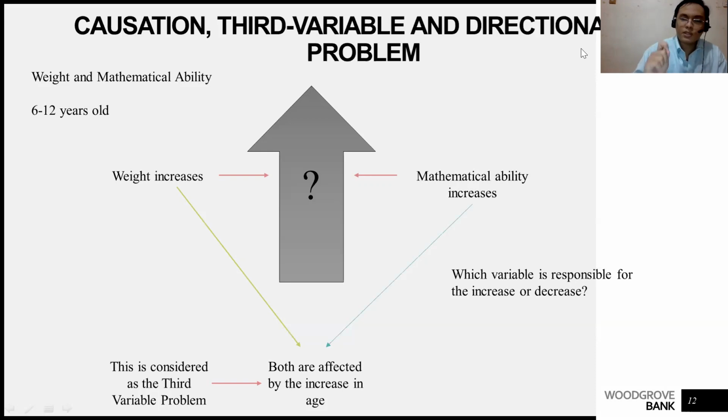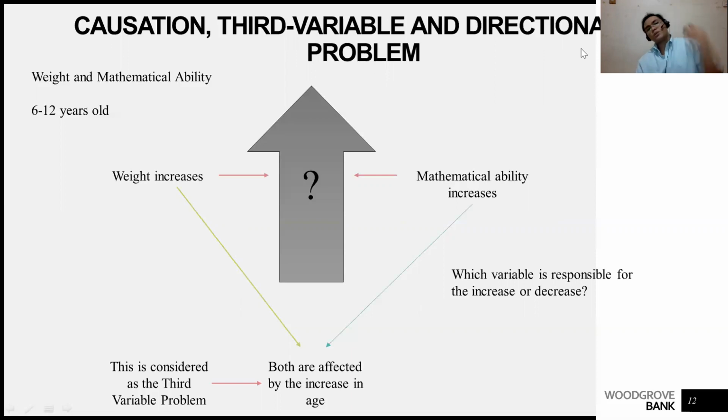The problem is, what if we dig deeper into the relationship of weight and mathematical ability? This is when the third variable problem comes in. So how can we say so? Weight increases and mathematical ability increases because the age of the participants also increases. This is the problem. Why?